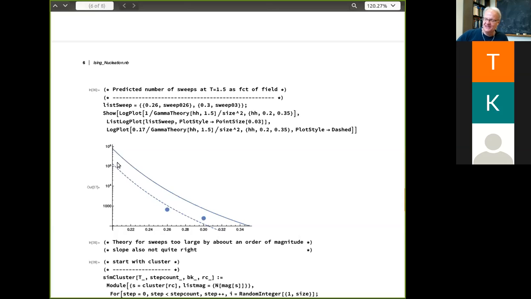So that effectively means that this rate is actually very hard to predict, because it's exponentially sensitive to knowing the right critical bubble size. So you can look at it two ways. You can say that, oh, this is actually kind of poor. My theory is off by almost an order of magnitude. Or you can say that this is a success.